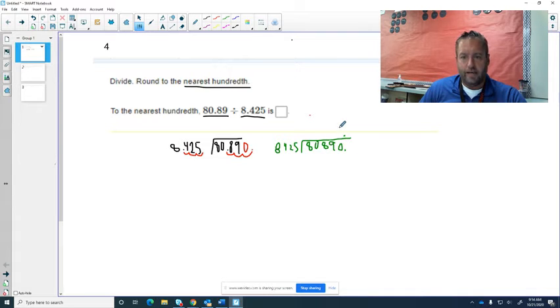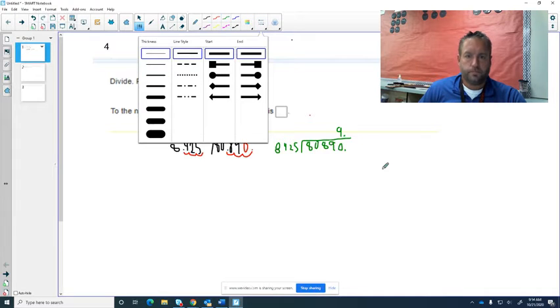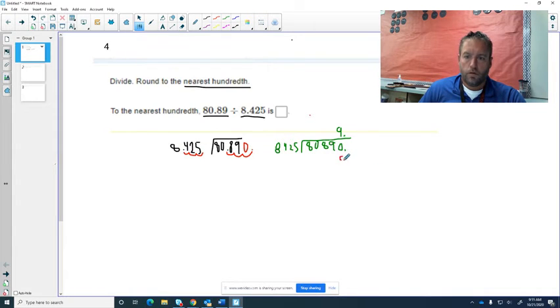So we're going to try 9. 9 times 5 is 45. Carry our 4. 9 times 2 is 18, plus 4 is 22. We carry our 2. 9 times 4 is 36, plus 2 is 38.